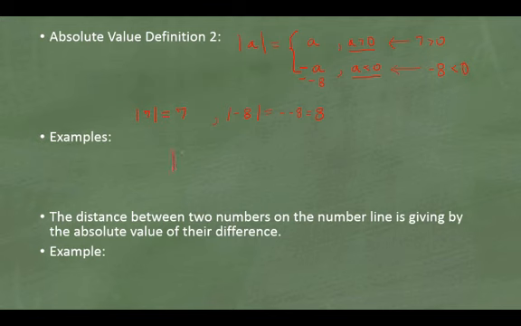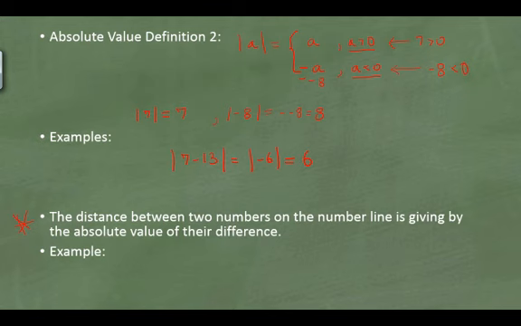What about the absolute value of 7 minus 13? 7 minus 13 is negative 6. So this is just the absolute value of negative 6. And again, the absolute value of negative 6 is just positive 6. Here's an important way of thinking of absolute values.